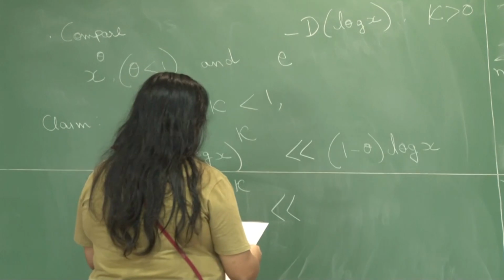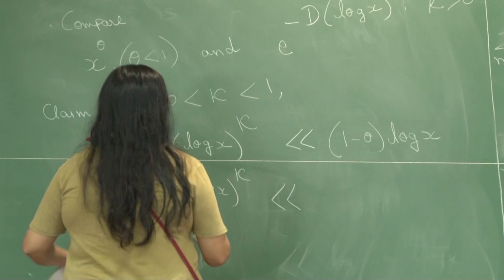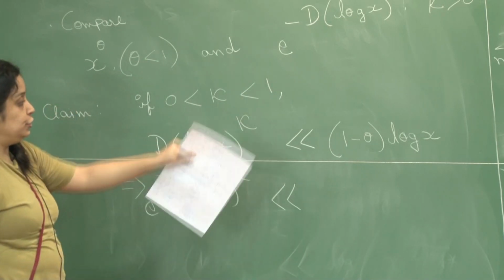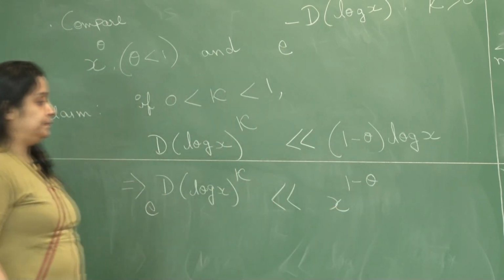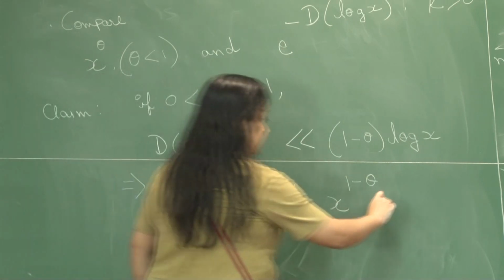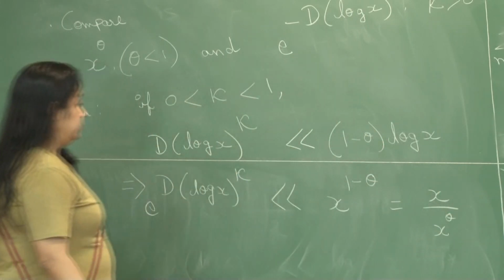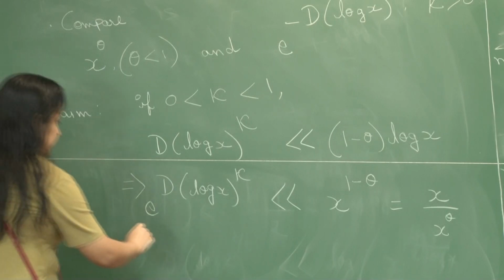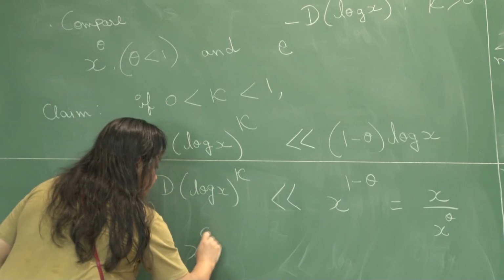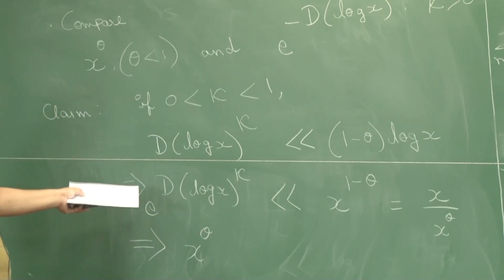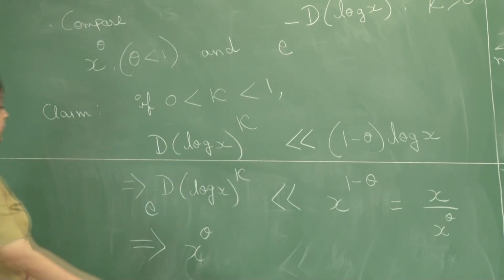And so, what this ends up giving you is that, if you take the exponentials, this is less than x raised to the 1 minus theta, which is of course just x over x raised to the theta. And therefore, what this tells you is that your x raised to the theta, just bring this to the left hand side and bring e to the d log x raised to the kappa to the right hand side, it will go in the denominator.